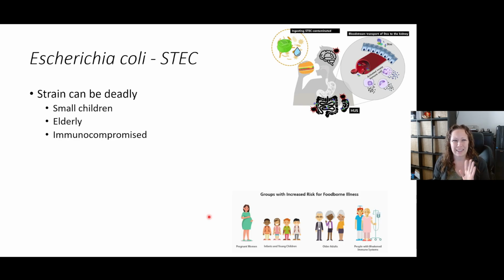In 1993, there was a Jack in the Box outbreak. In that outbreak, several children died, and many elderly were affected as well. This was caused by E. coli O157:H7, which is one of the many STECs.